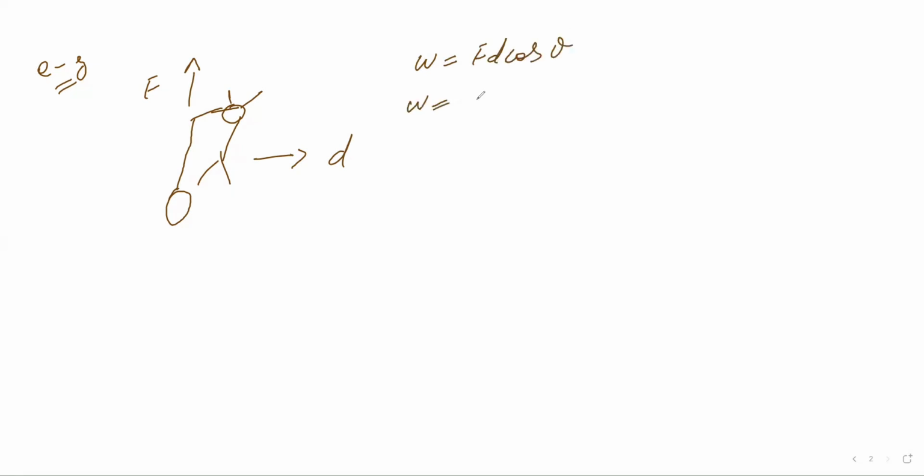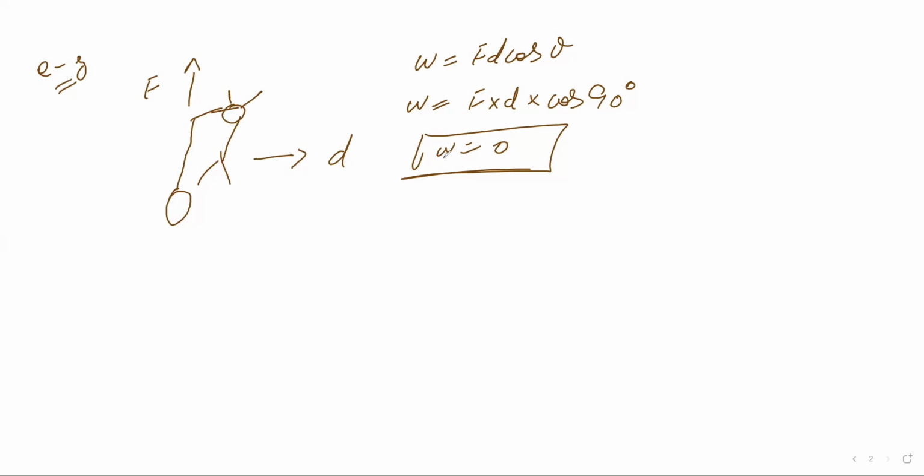There is force, there is displacement, but the angle is 90 degrees, so the work done comes out to be zero. Despite the fact that force is being applied and displacement is being covered, there would be no work done, because cos theta comes out to be zero. So that is work done.